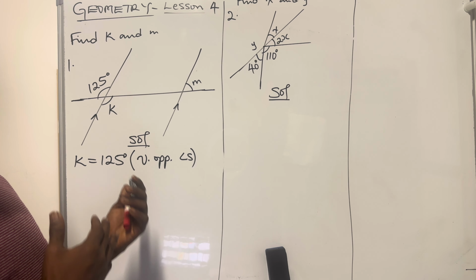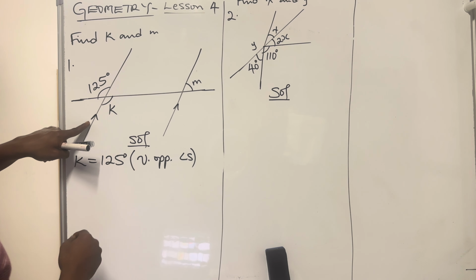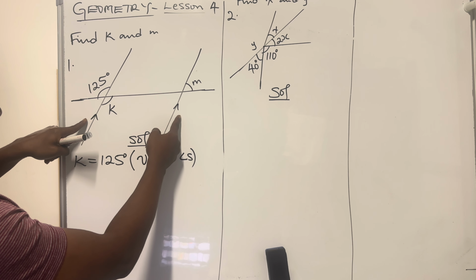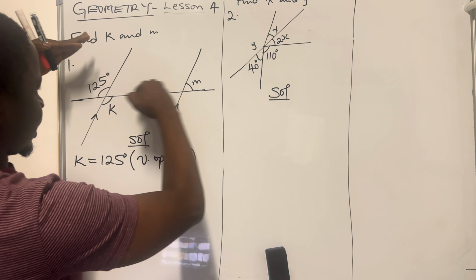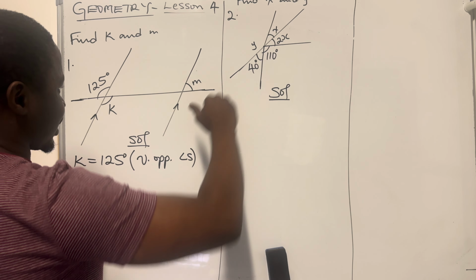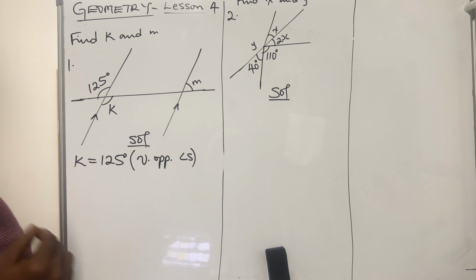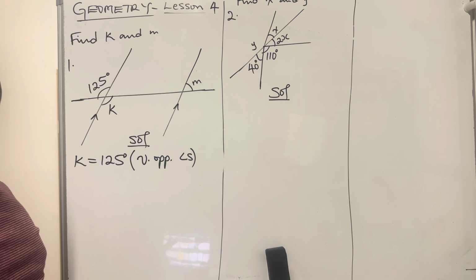Okay. In my first two videos, I emphasized that this line is parallel to this. You can see the arrow. When two parallel lines are crossed by a transversal line, every acute angle is equal to another acute angle, regardless of the position.